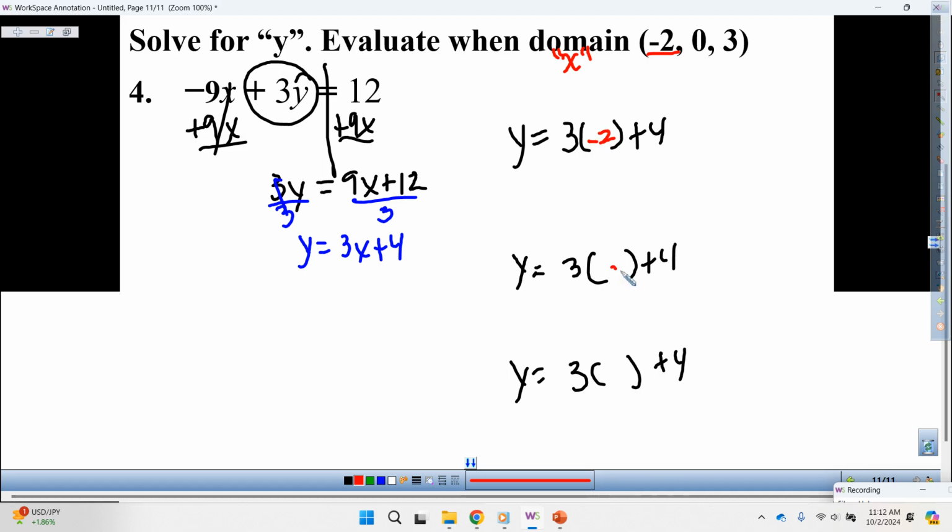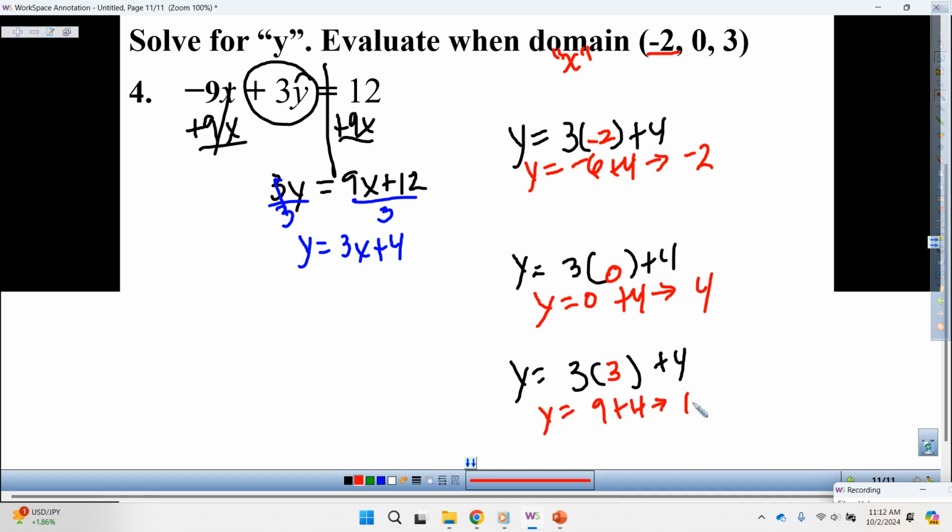The other one is 0, and the other one is 3. So, y equals -6 plus 4, that is -2. Y equals 0 plus 4, which is 4. Y equals 3 times 3 is 9 plus 4, that is 13.